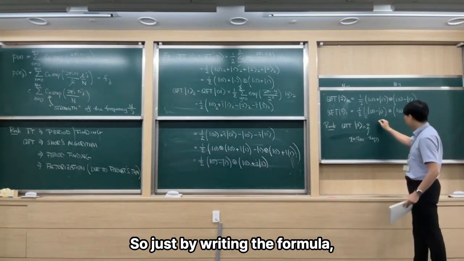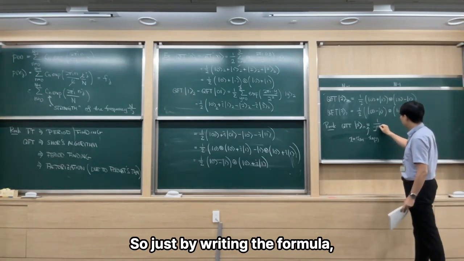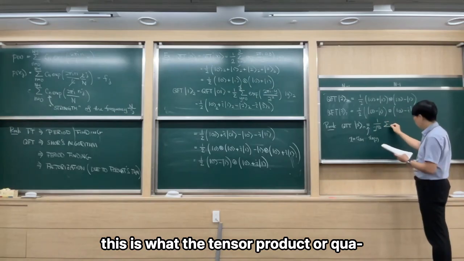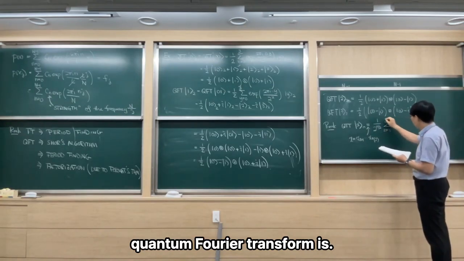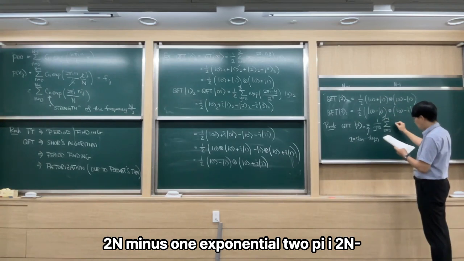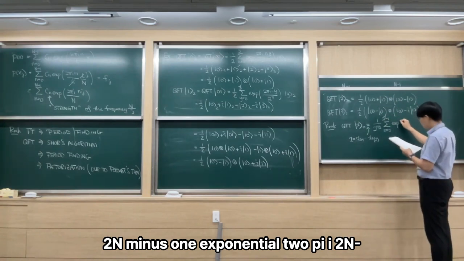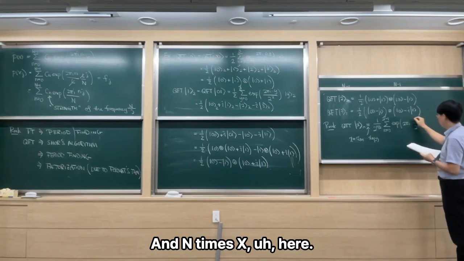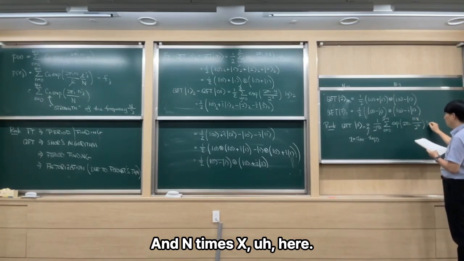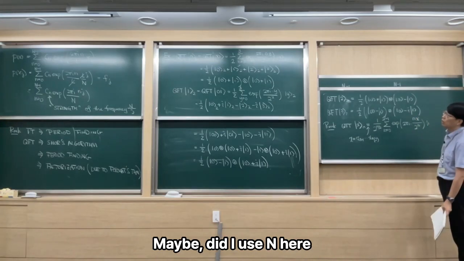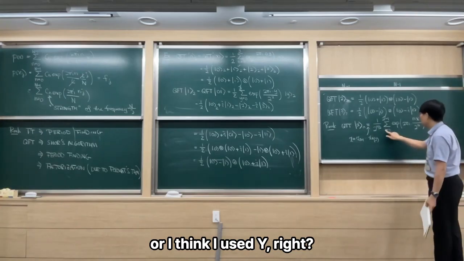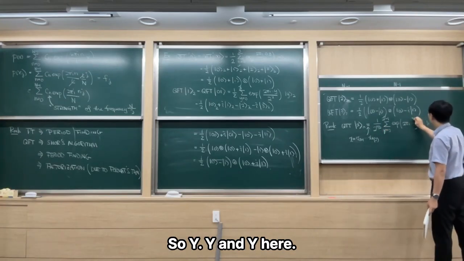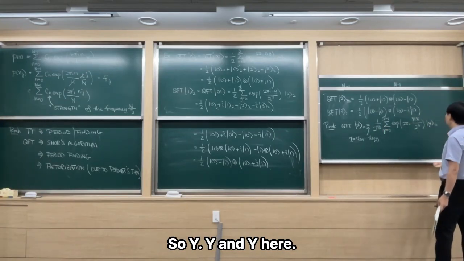Just by writing the formula, this is what the quantum Fourier transform is: the sum over y of exponential 2 pi i x y over 2^n, times y. Or I think I used y, right? So y, and y here.